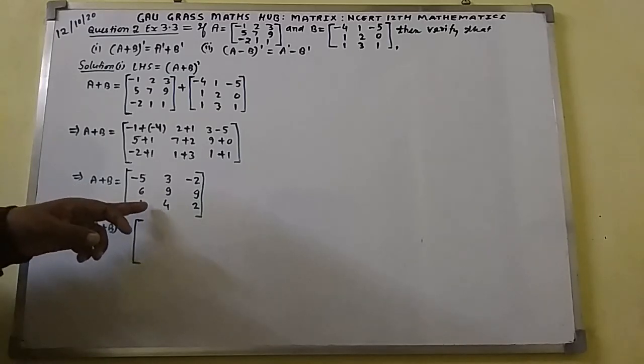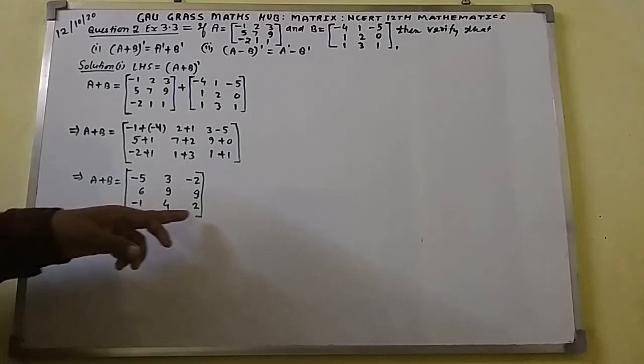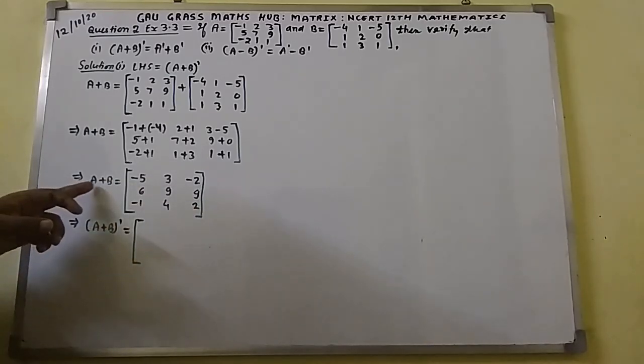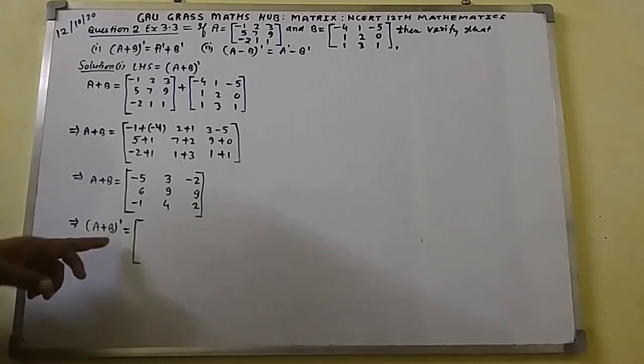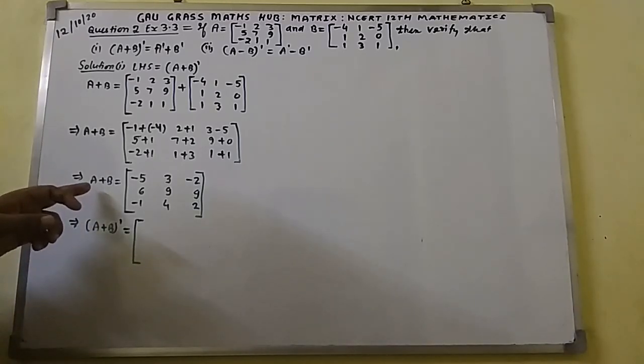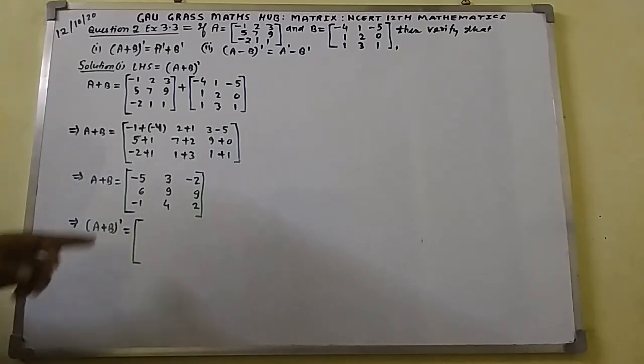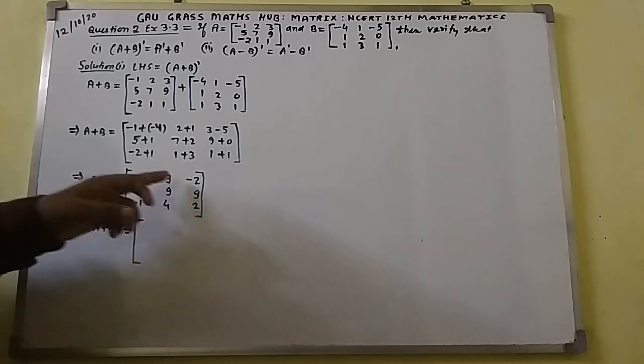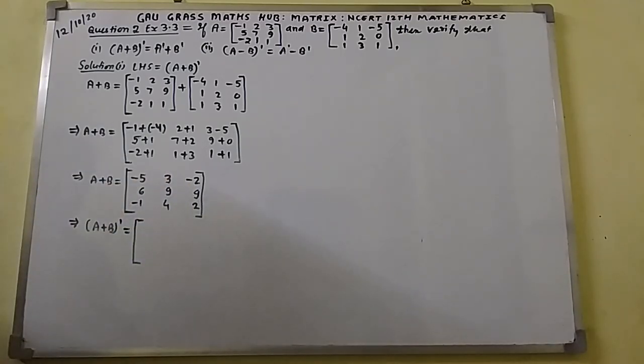Here you have got the matrix of order 3 cross 3. That is A plus B. So A plus B ka transpose I have written here. In the transpose matrix of A plus B, the first row will become the first column.